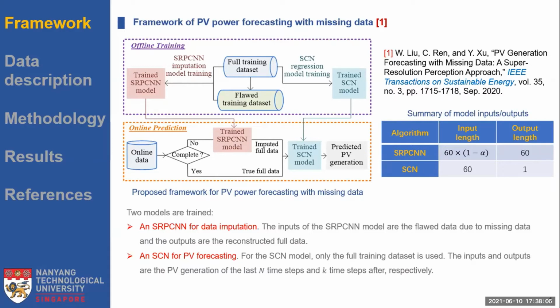The output will be 60. And for the solar power forecasting model, the SCN model, the input data is the solar power at the previous 60 data steps. So the input length is 60, and the output length is just 1, which is the solar power 10 minutes later.